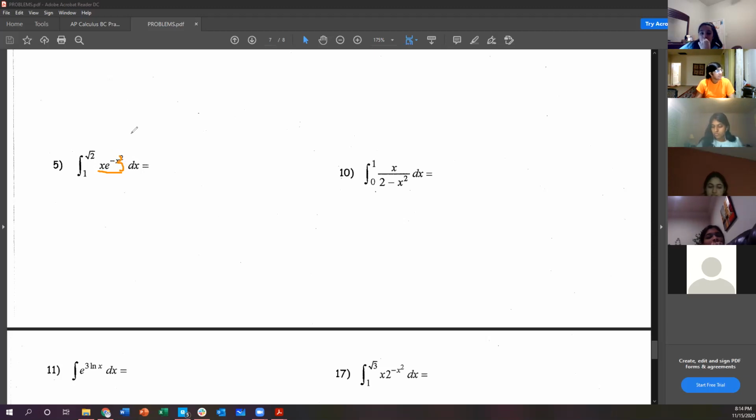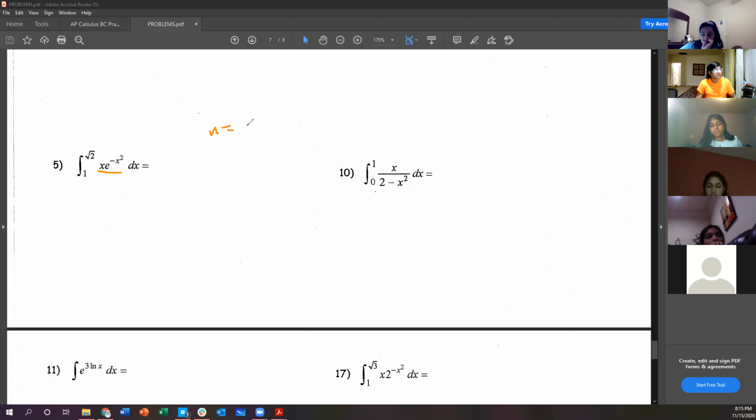Would a u substitution be possible? Possibly. You would have a 3x squared, and then you'd have another x, which might make it a little complicated, and then you might have to use integration by parts, and that's a different story. But here, you can see clearly that if I take the derivative of this, I'll get this function, right? That's why we want to use u sub here.